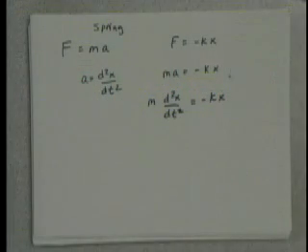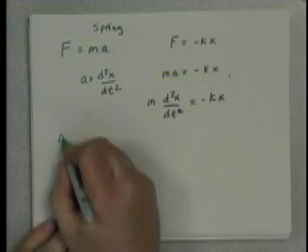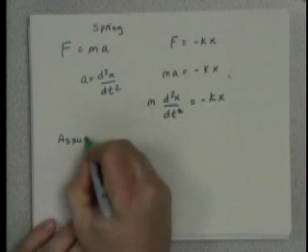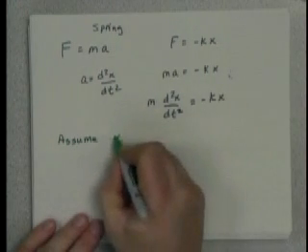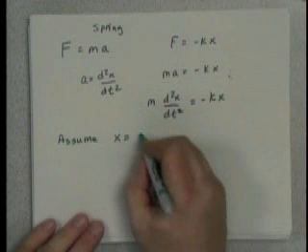Yep, sine, cosine, either one of those would represent one possibility. So let's assume x equals some standard sine function.